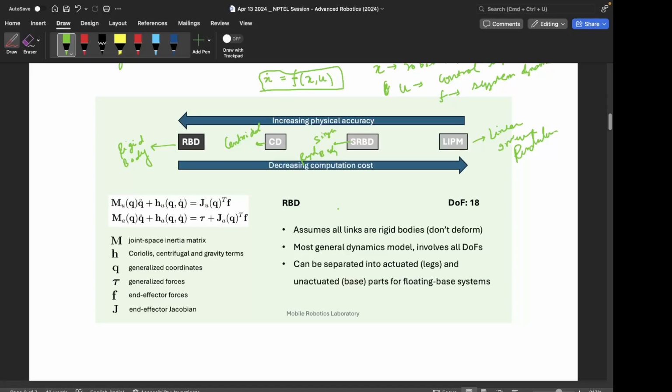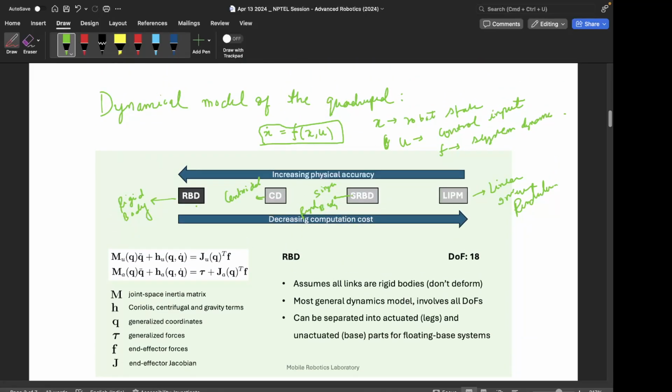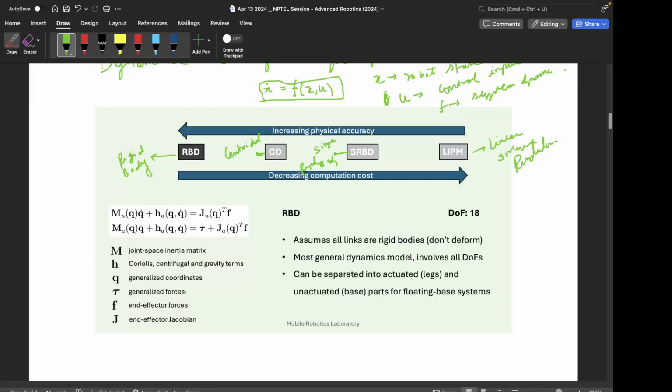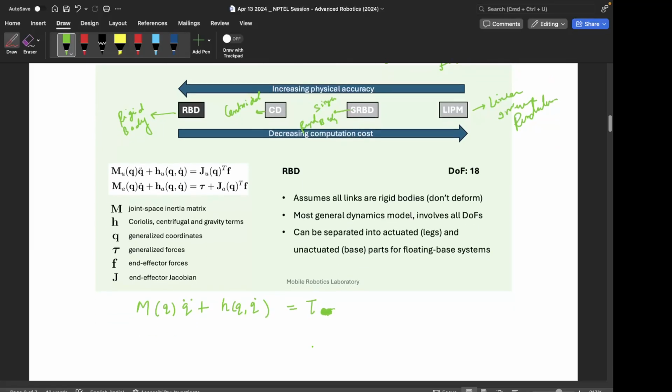And the equation comes out in the standard form of any rigid body system, which you have seen earlier also: the mass matrix times the acceleration, plus the nonlinear effects, the Coriolis, centrifugal and gravity effects, is equal to the joint torque, right?